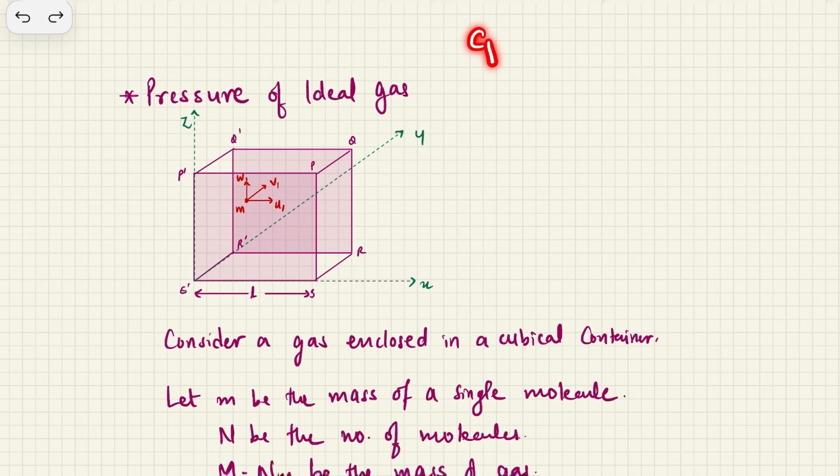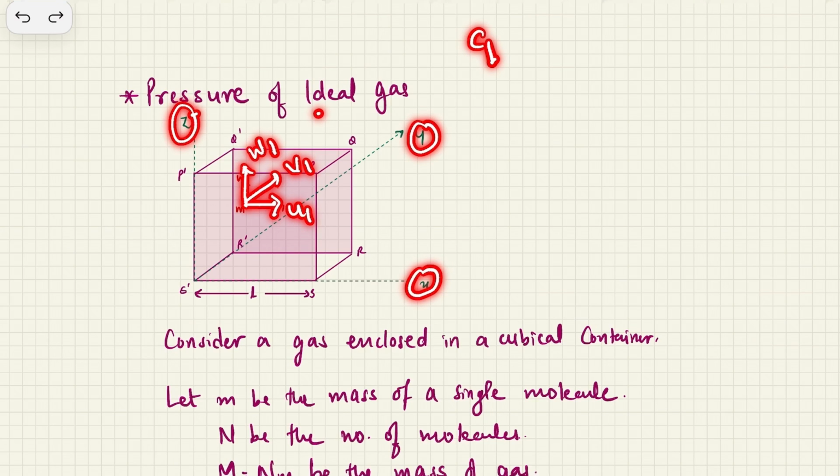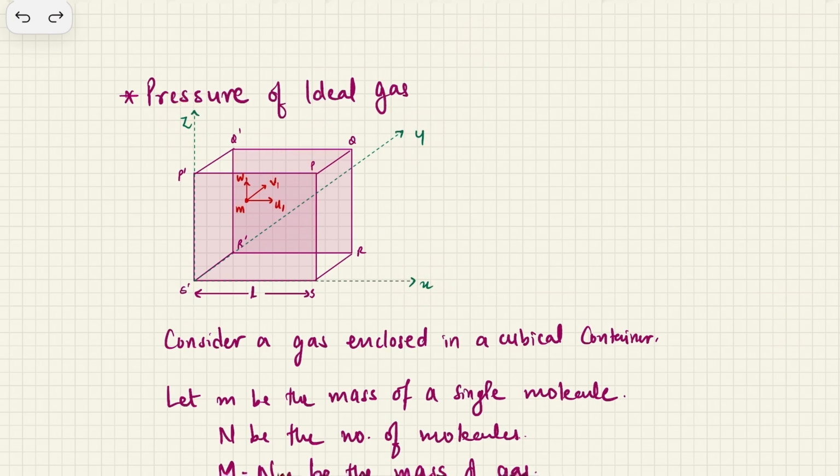Because it's the first molecule, I am calling it c1, and this velocity c1 has three components, that is the x component, the y component, and the z component. I am denoting the x component as u1, the y component as v1, and the z component as w1. So these are my components of x, y and z. I am assuming that L is the side of the cube.